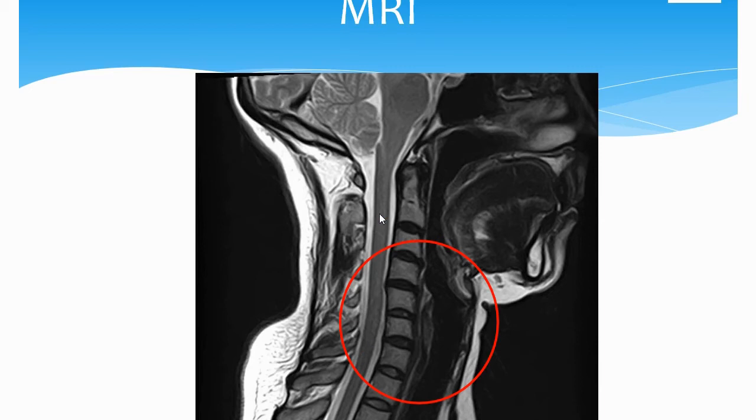And here's the spine, and by having the disc protrusion, you have less space for the spine to run, and that could put pressure on the anterior side of the spine, which deals with a different part of the functionality of the brain, which is the motor system.